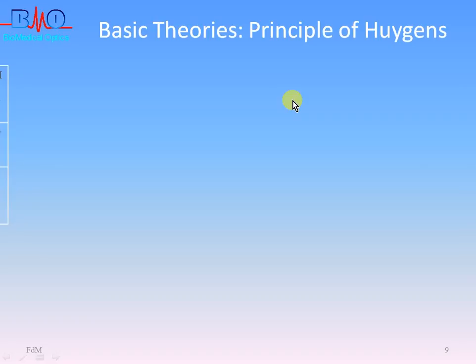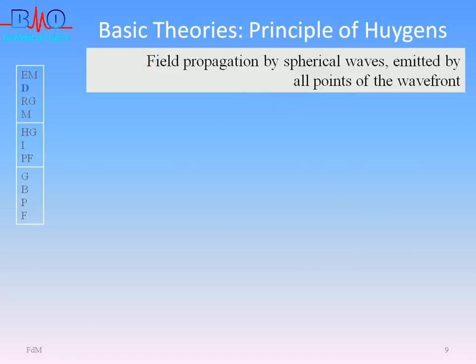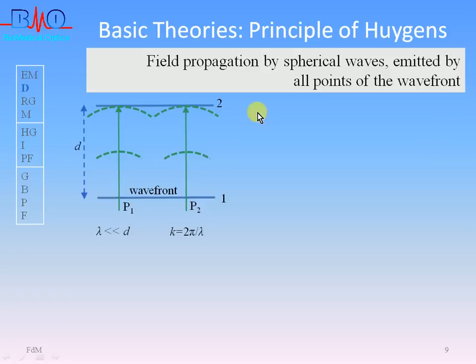First, the principle of Huygens. Huygens' principle deals with the field propagation by spherical waves emitted by all points of the wavefront. Here is that wavefront 1, and that emits to wavefront 2.